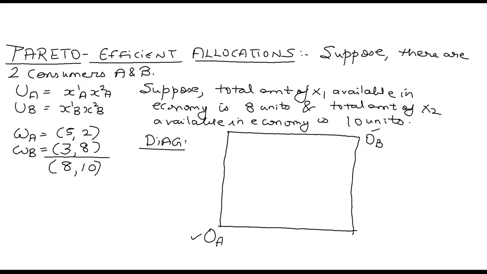Now from A's origin, this is 8 and this is 10, because my horizontal axis denotes the amount of good 1 available in the economy and the vertical axis denotes the amount of good 2 available in the economy.